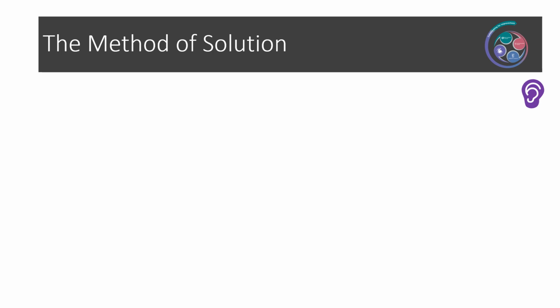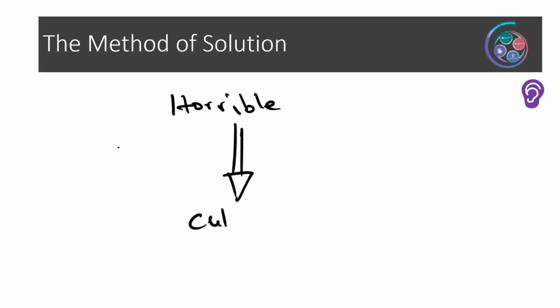So the big question is, how do I go from some horrible looking equation up here? What's the process that I go through to end up with a nice wee set of equations here? There are basically 3 steps. The first step is to expand. The second step is to factorise.